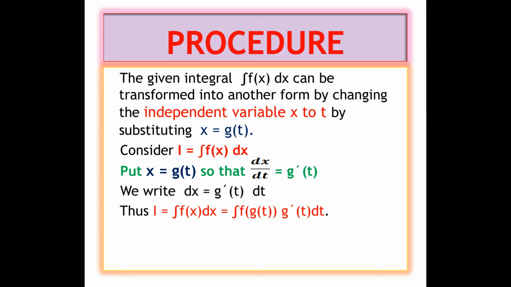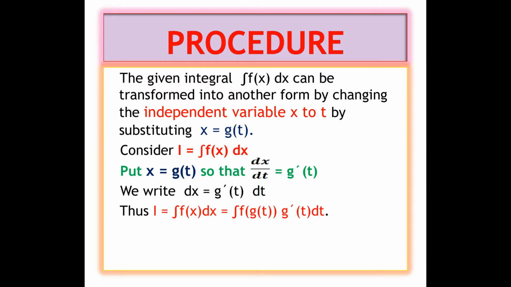What is the procedure to find out the value of the integration? The given integral, integration f(x) dx, can be transformed into another form by changing the independent variable x to t by substituting x equals a function of t, that is g(t).